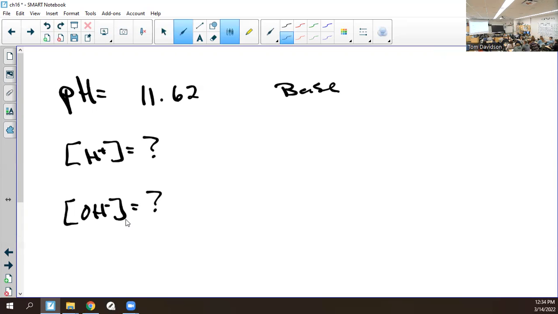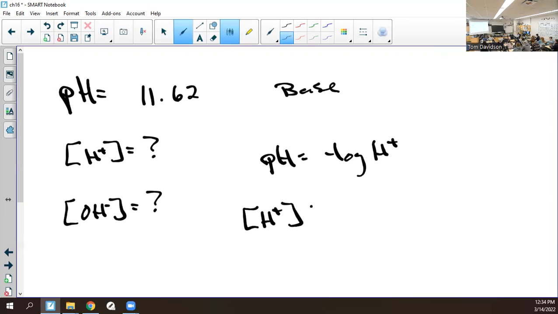All right, let's just work on this together since very few have any idea what to do. We know math-wise, pH is equal to the negative log of H plus, right? So we have to algebra this thing to find out the concentration of H plus. A lot of people want to divide by log because they think that's the reverse, but that is incorrect.